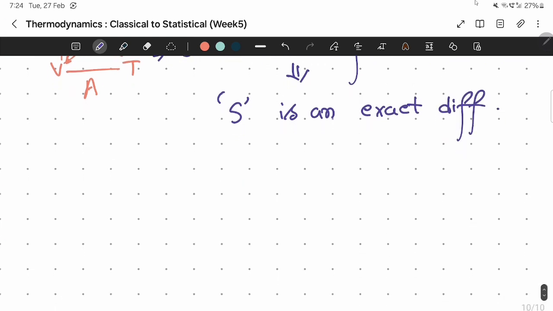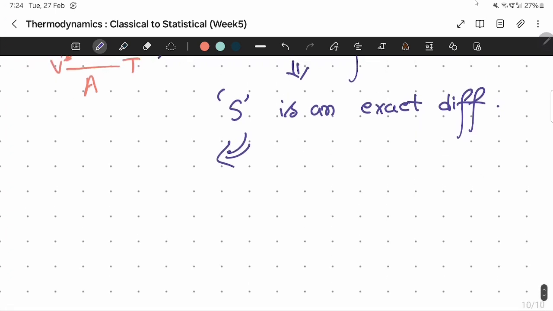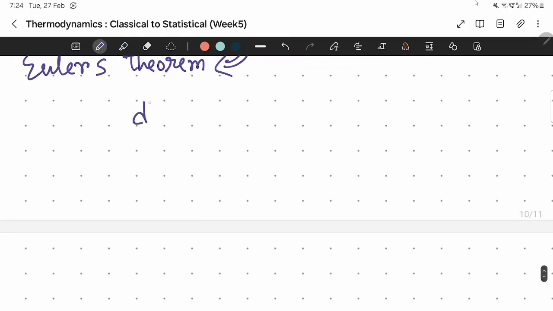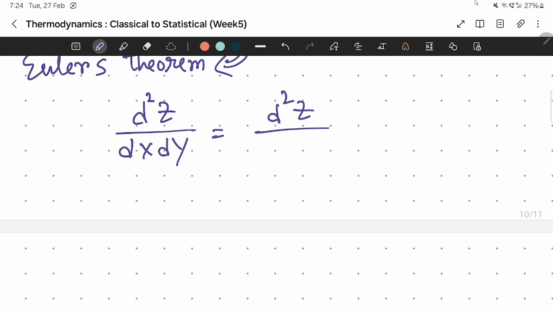If S is an exact differential, it will follow Euler's theorem. So if Euler's theorem is followed, what do we know? For Euler's theorem, d2z dx dy is equal to d2z dy dx, right?